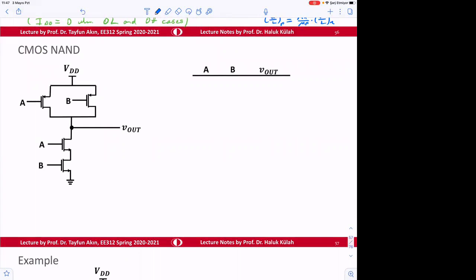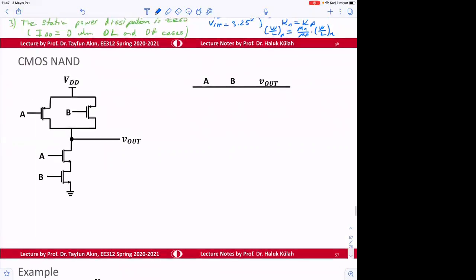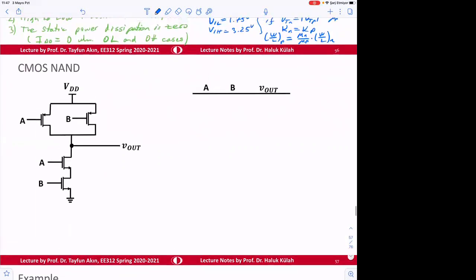Okay, so we will continue to show how to implement other type of gates here. So this is how we do. So here is a little bit different than the other gates.